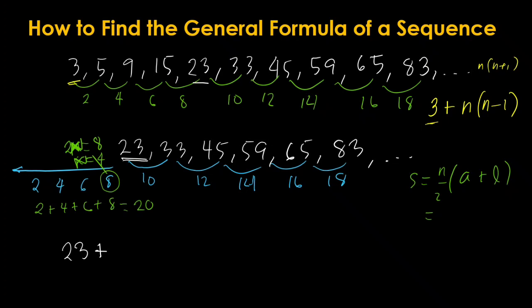So our N is 4 for this part. This is 4 over 2, and the first term is 2, the last term is 8, so this is 2 times 10, and that gives us 20. So this is the formula we use for large numbers, and it simply matches the sum.